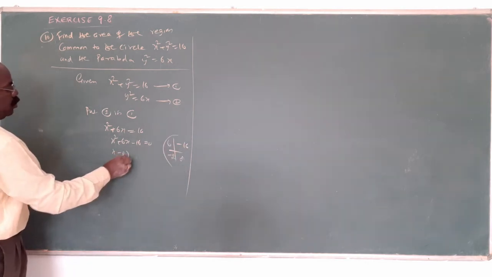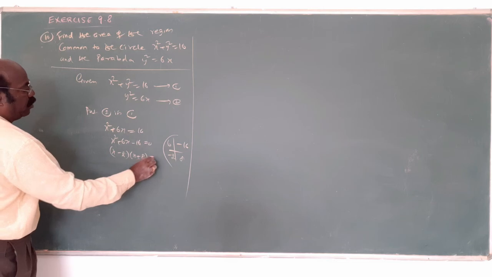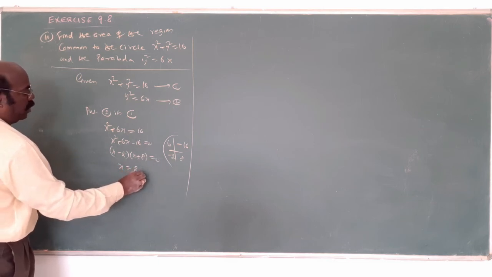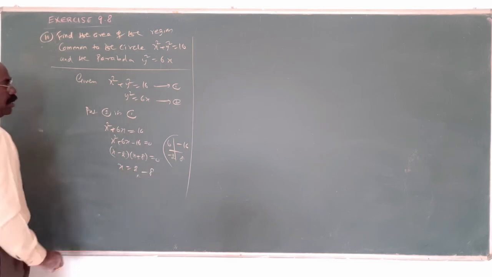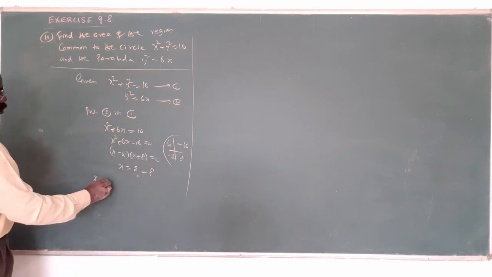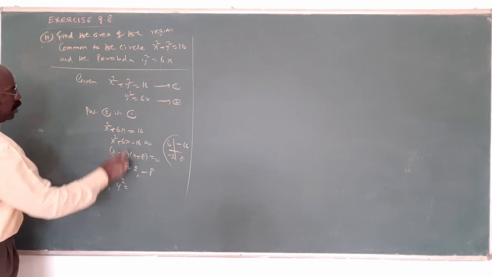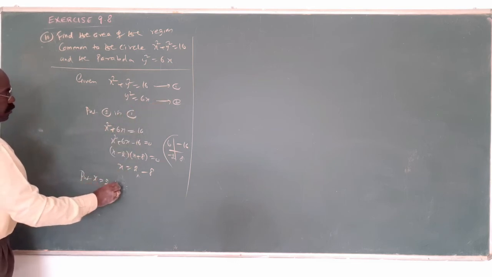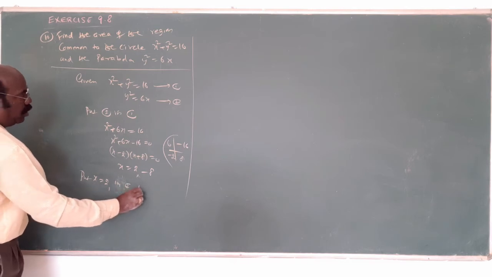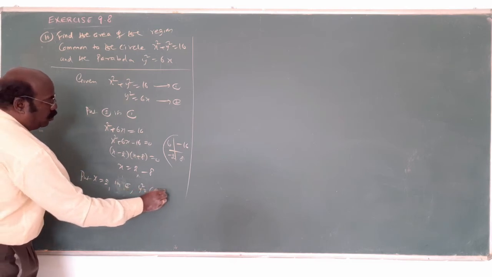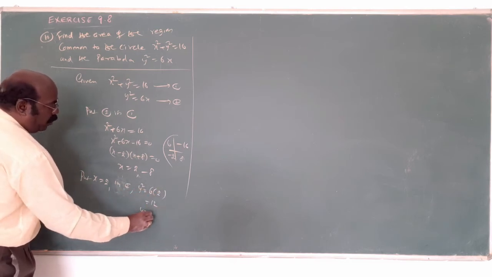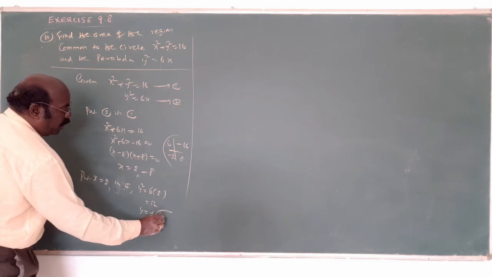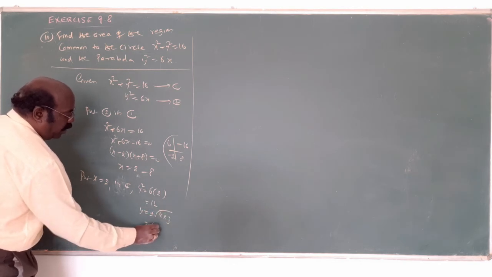Now (x minus 2)(x plus 8) equals 0, so x is 2, minus 8. When x equals 2, y square is 6x: put x equals 2, y square equals 6 into 2, 12. y equals plus or minus root of 12, 4 into 3, plus or minus 2 root 3.